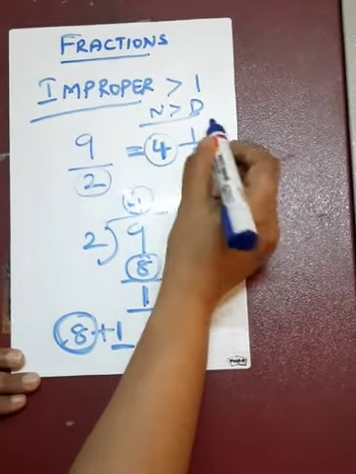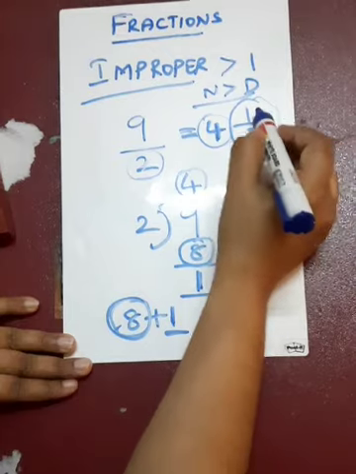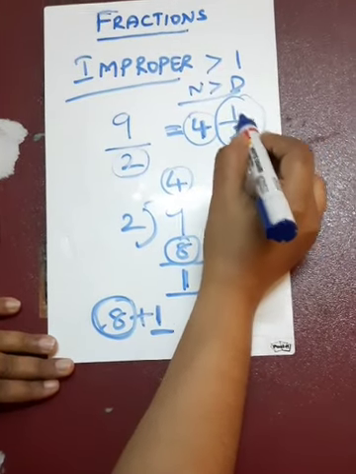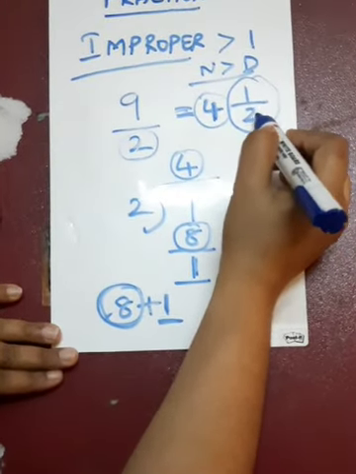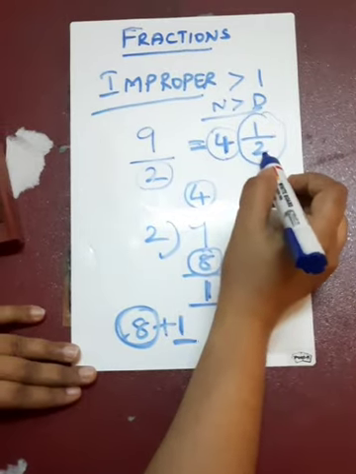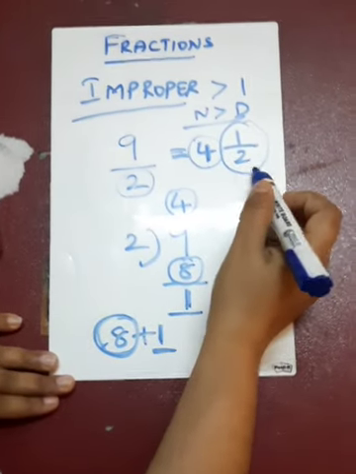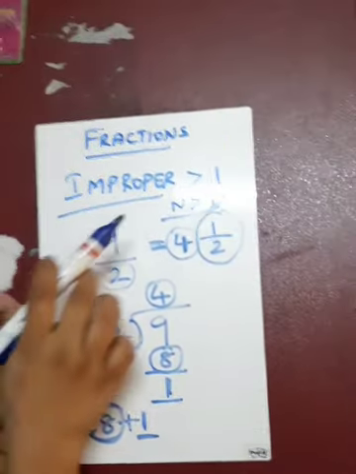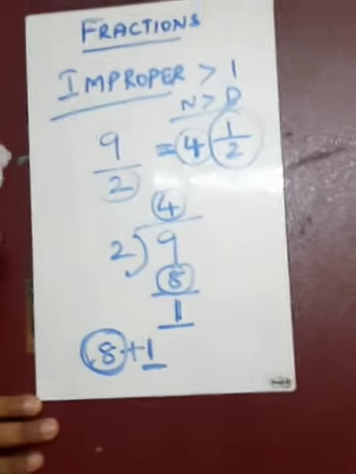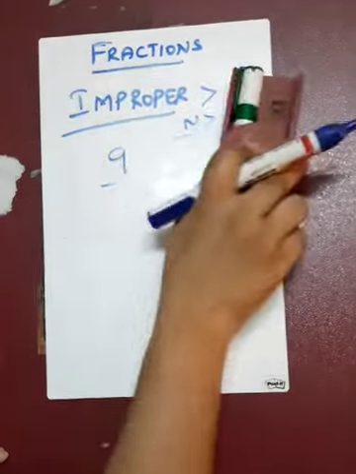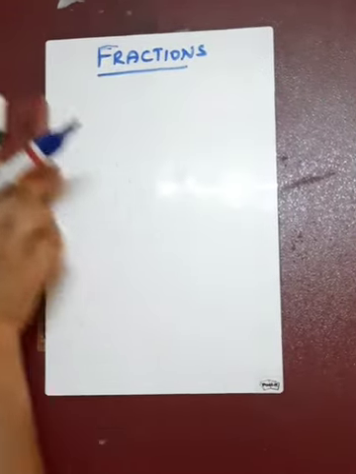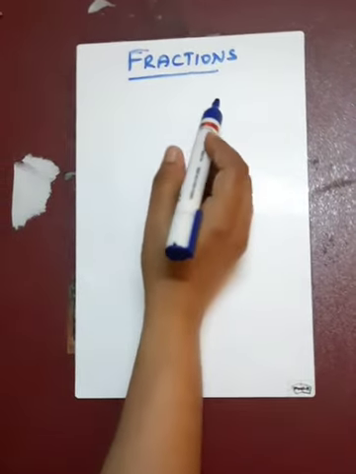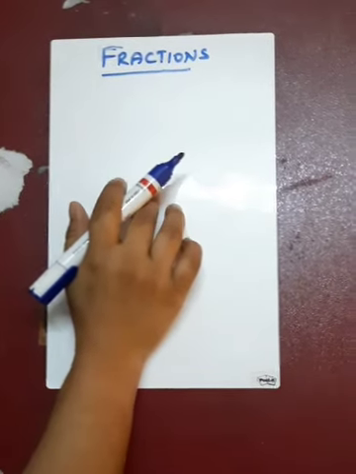This whole number part and this small fraction, where the numerator is smaller and the denominator is greater, a whole number part plus a proper fraction together is called a mixed fraction, which in turn is an improper fraction, which is always greater than 1. Hope you understood this. So a proper fraction is always less than 1. An improper fraction is always greater than 1.